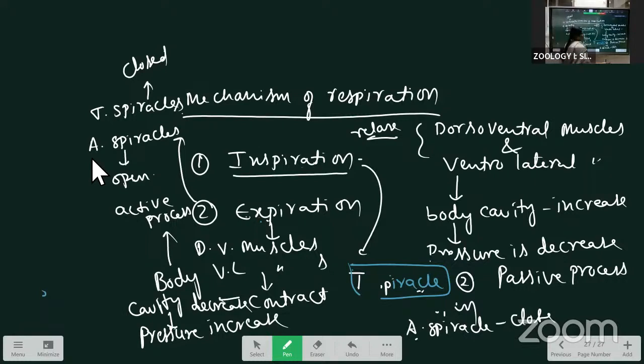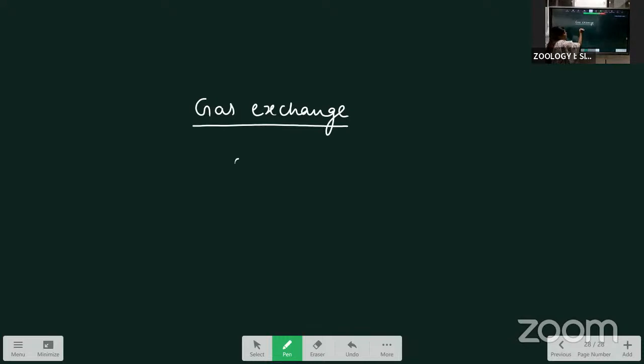Next, the exchange of gases. Mainly the trachea, the air inside, does the gas exchange. Along with the air, oxygen comes in and is present inside the trachea. The oxygen is distributed to all parts, to all the cells.